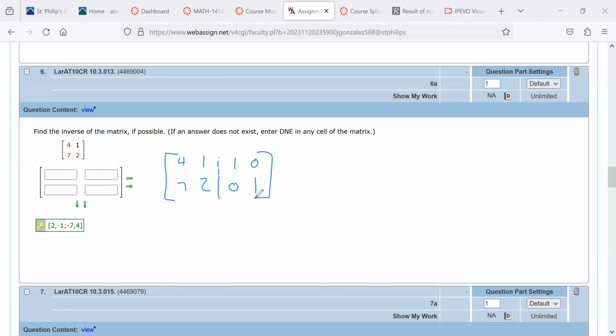So if you solve this one, either by hand or the row reduced echelon form on the calculator, use RREF. And you will get your identity over here. And then over here, you'll have A inverse when you finish working it out. That's one method to find A inverse. So you solve this guy.